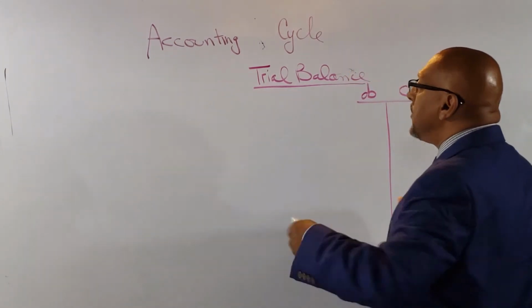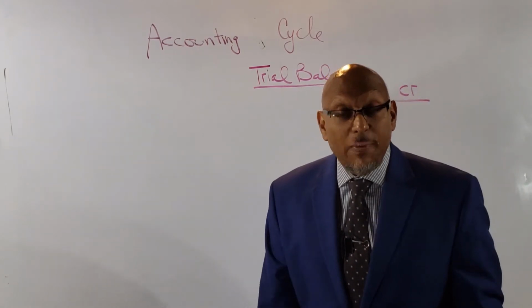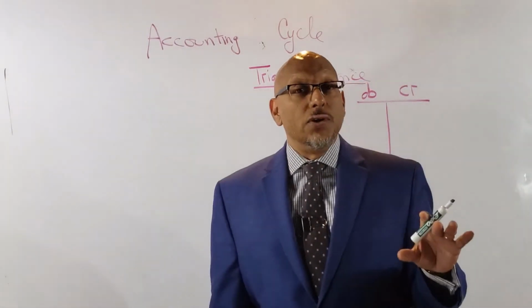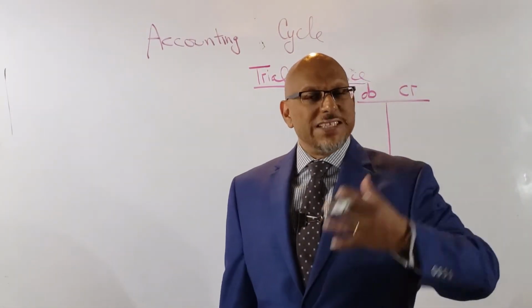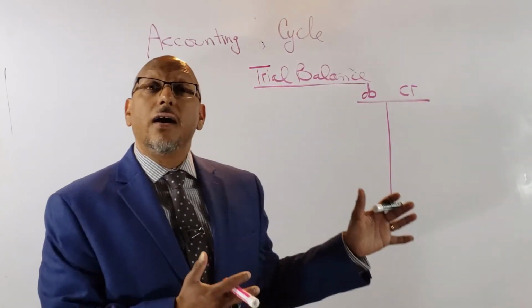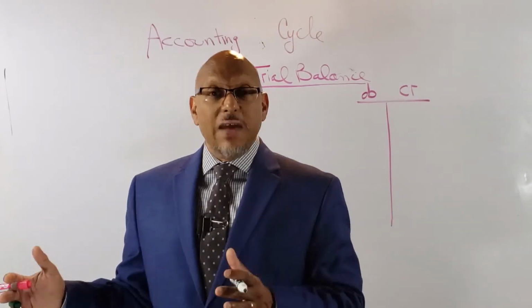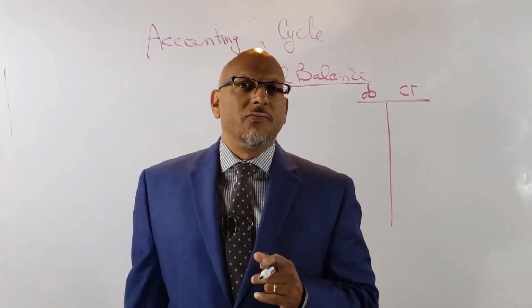Now, the order of operations when it comes to a trial balance is this, and it's very important that you put it in this order, because from this order is how we can easily create our financial statements, balance sheet and income statement, the first two of the four financial statements.